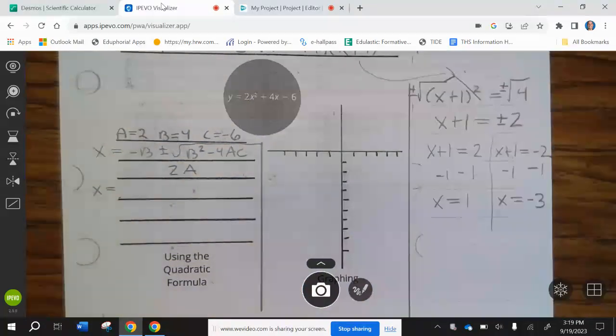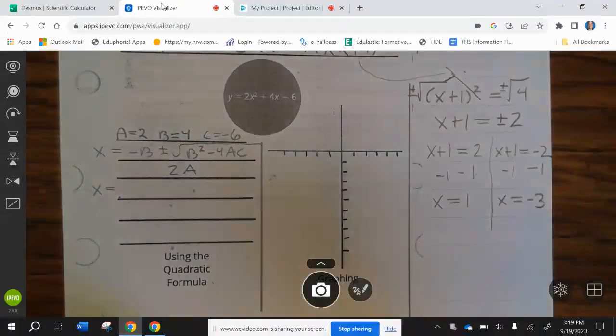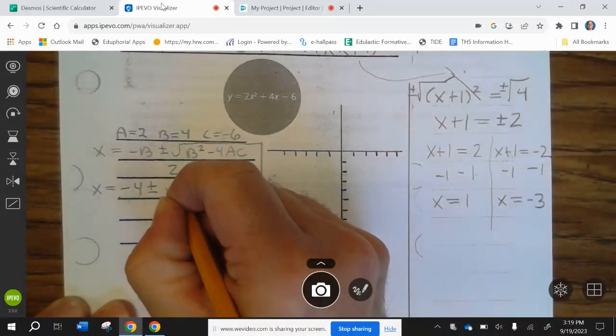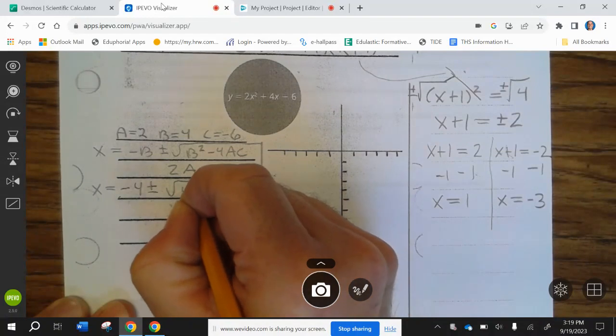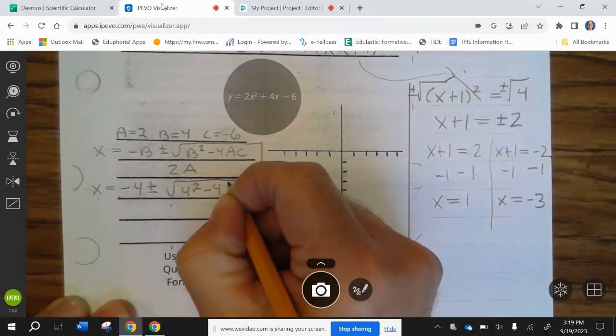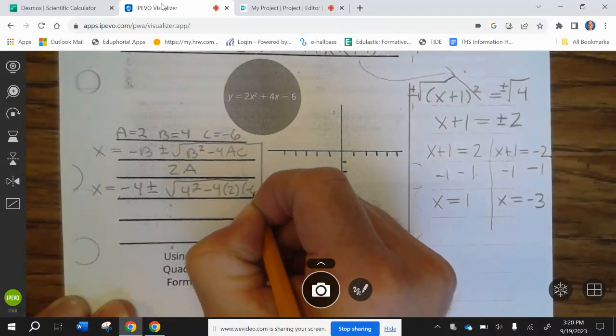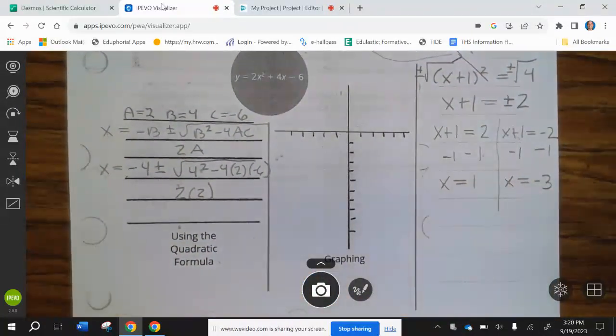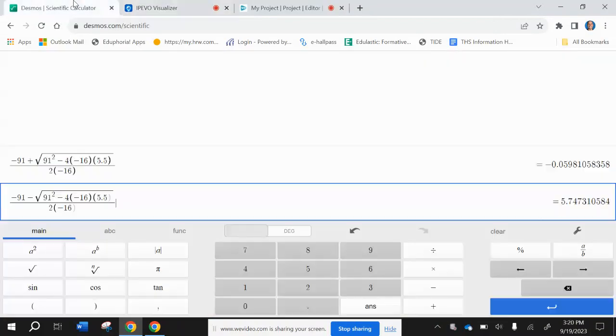So x equals negative 4 plus or minus the square root of 4 squared minus 4 times 2 times negative 6, divided by 2 times 2. Let's plug that into our calculator.